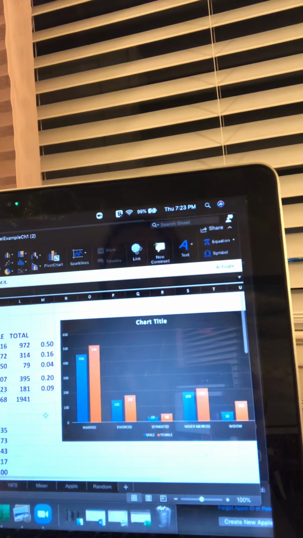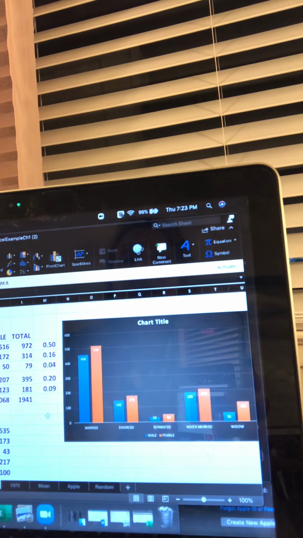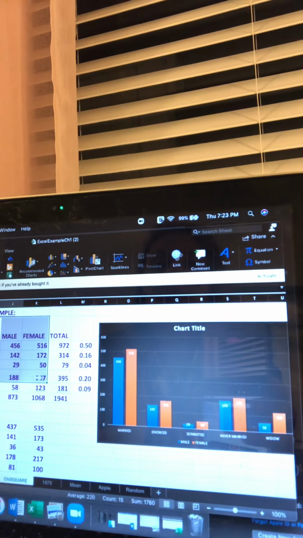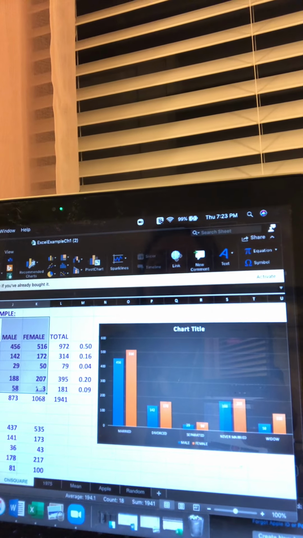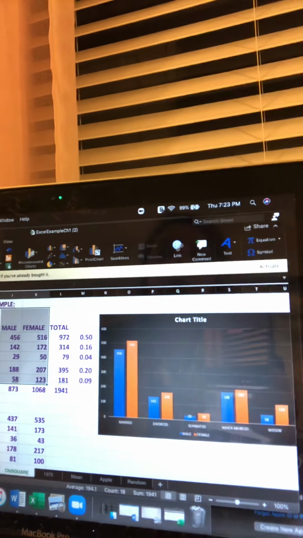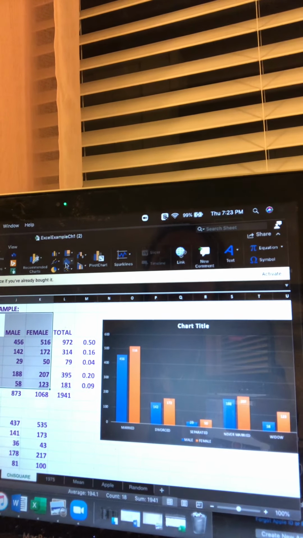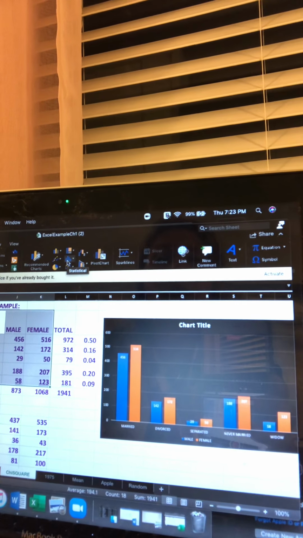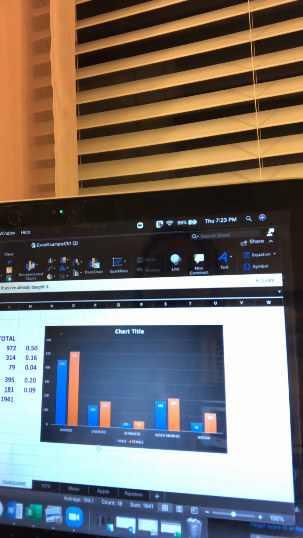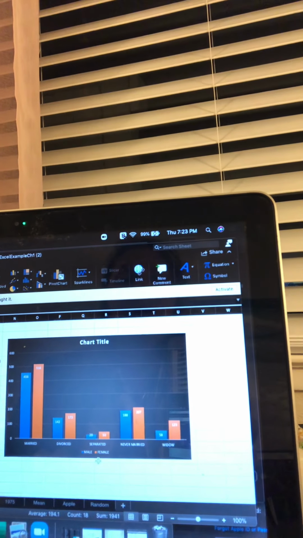We can then graph the data easily enough. We just select the data right here that we're trying to graph, and simply go to Insert. We want to go to the options of the graphs that we want to take a look at. I chose a bar graph, and then basically come up with a graph to illustrate what the differences are between males and females that were married, divorced, separated, never married, or widowed.